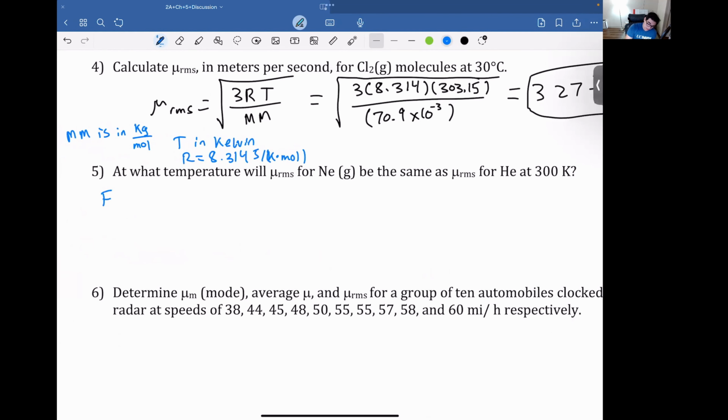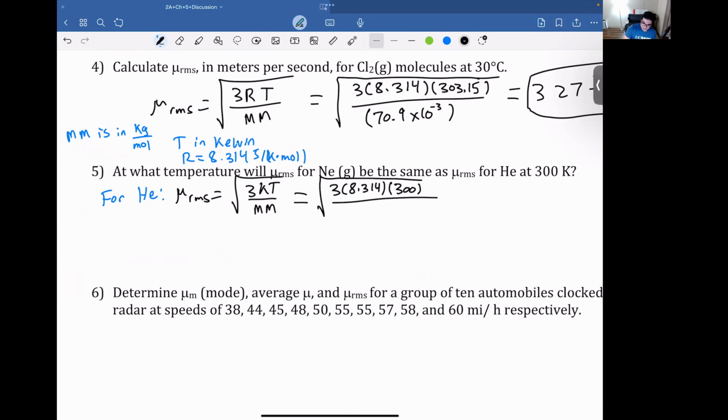So first we start off with helium. Same formula. Then we plug in 3 times 8.314. There's just a lot of formulas in this unit. 300 Kelvin. Oh, no, wait, it's Celsius. So that's just 300.